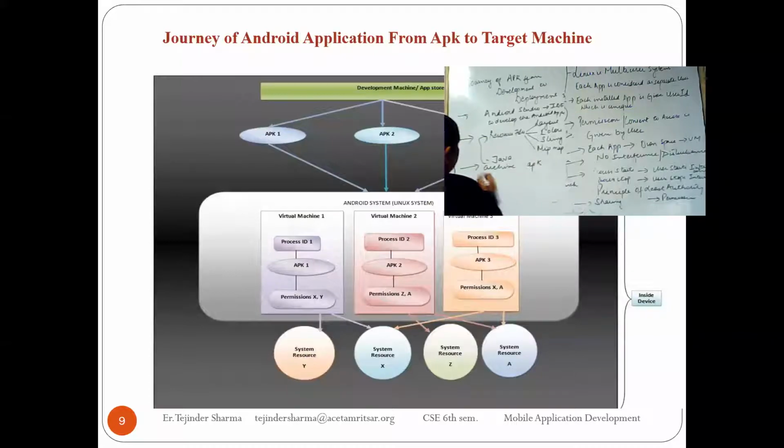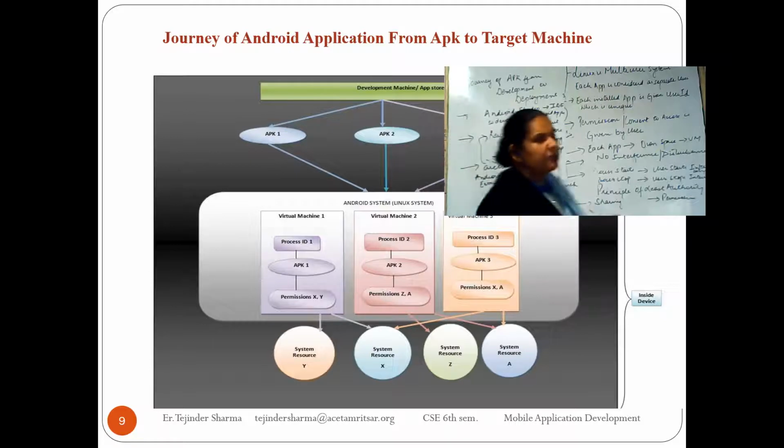Now this APK is developed. First of all, in the environment, it will be developed. The output of this environment is .apk, and it will be installed on any device powered by Android.